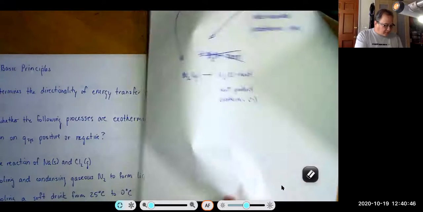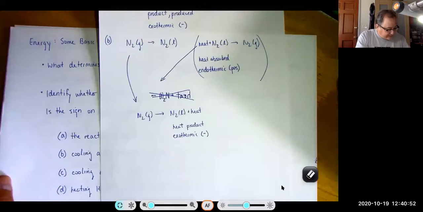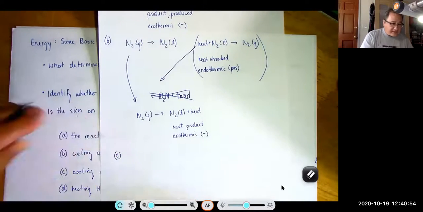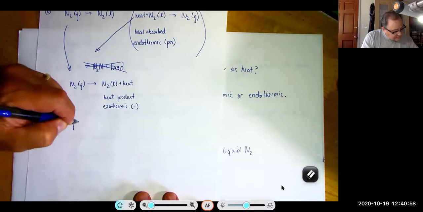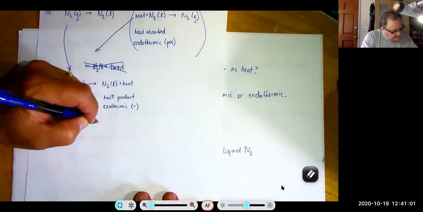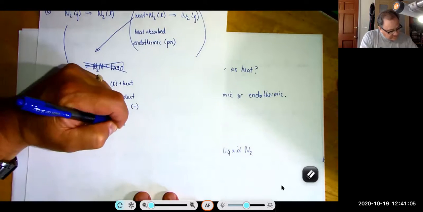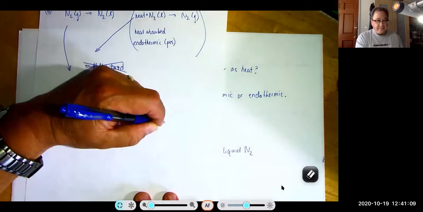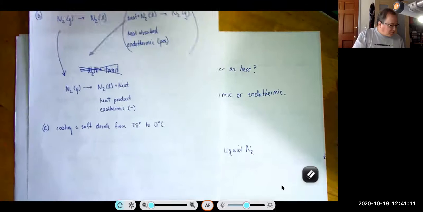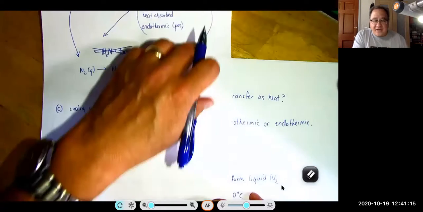Cooling a soft drink from 0 to negative 25 degrees Celsius. So this is C, cooling a soft drink. Now, naturally, your first inclination is to say, well, if I'm going to cool it, I'm going to add cold.